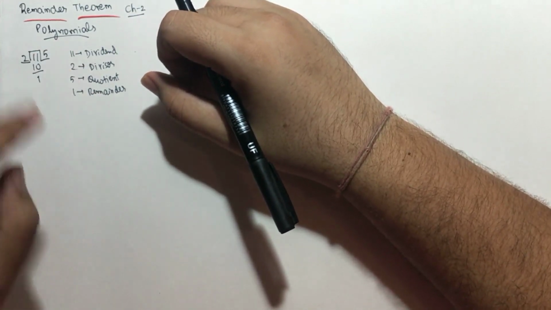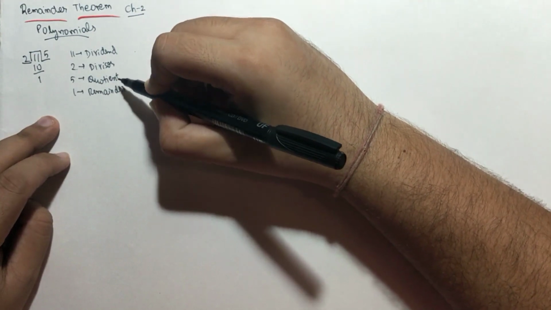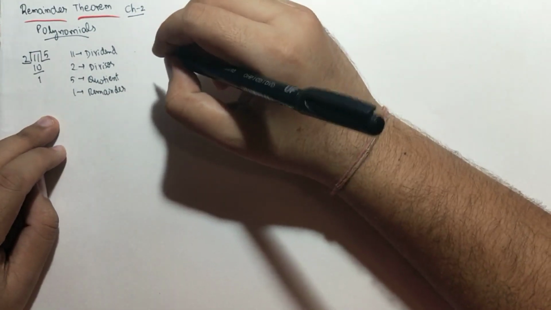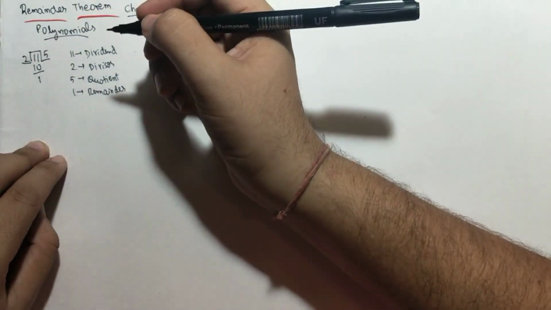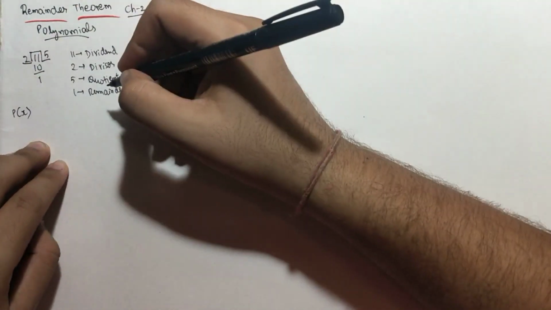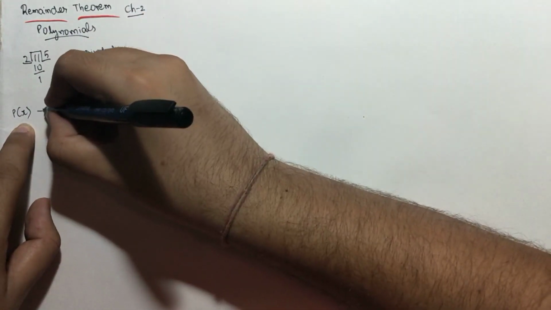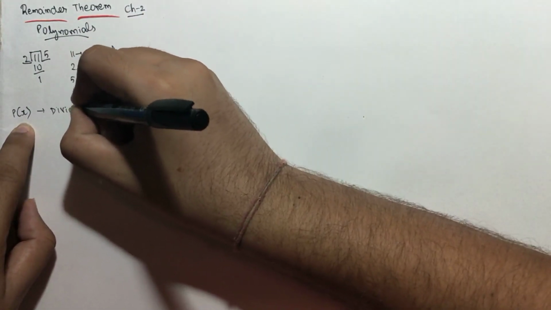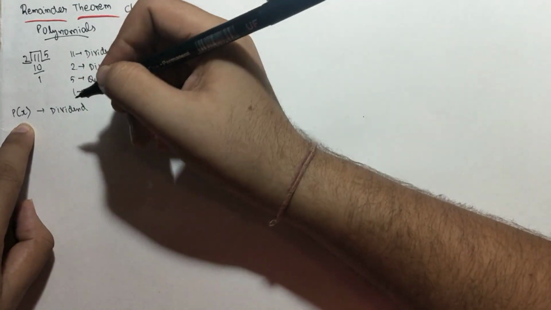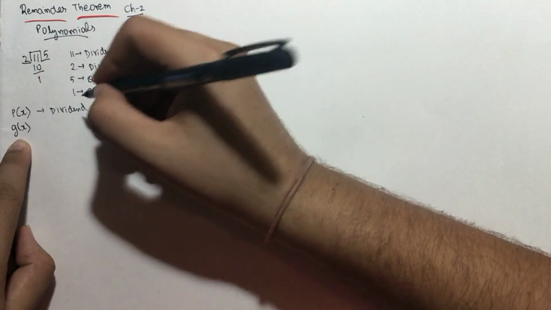The same thing follows with polynomials. Polynomials also have a dividend, divisor, quotient and remainder. Suppose there is a polynomial, and the polynomial is always denoted in the form of p of the variable. This is the polynomial, and in our terms p of x will always be the dividend. Suppose it is getting divided by another polynomial, that polynomial will be named g of x.